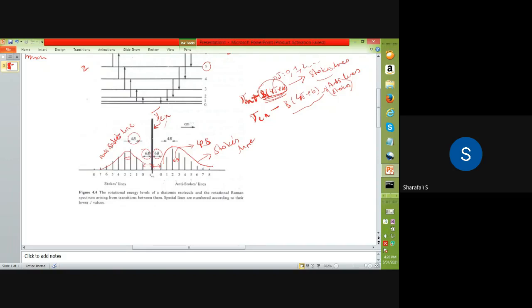So on the left side we have anti-Stokes lines, and on the right side we have Stokes lines. There will not be any change in the separation. And in this particular case, both of these have the same intensity, because all those rotational energy level transitions are probable, and the probabilities are the same. That's why we get the same intensity.